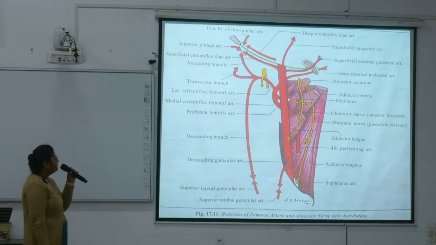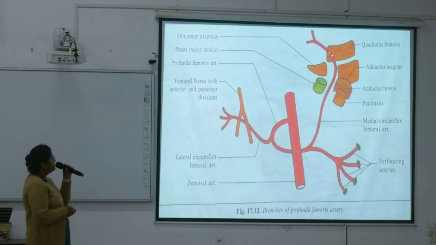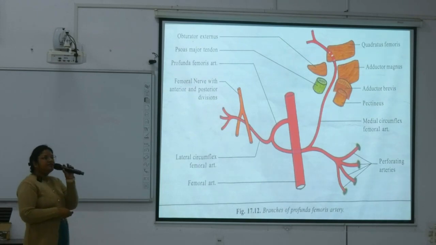Next, see, the profunda femoris gives the lateral and medial circumflex femoral arteries. The lateral circumflex again divides into ascending, transverse and descending branches, and the medial also divides into ascending and transverse, taking part in the formation of different anastomoses, the trochanteric and cruciate anastomoses.